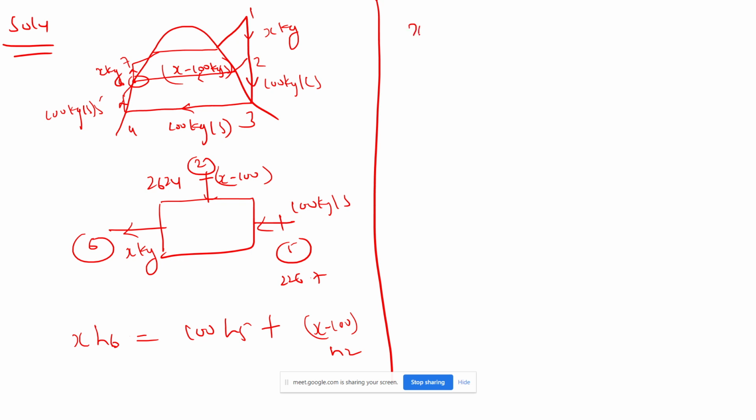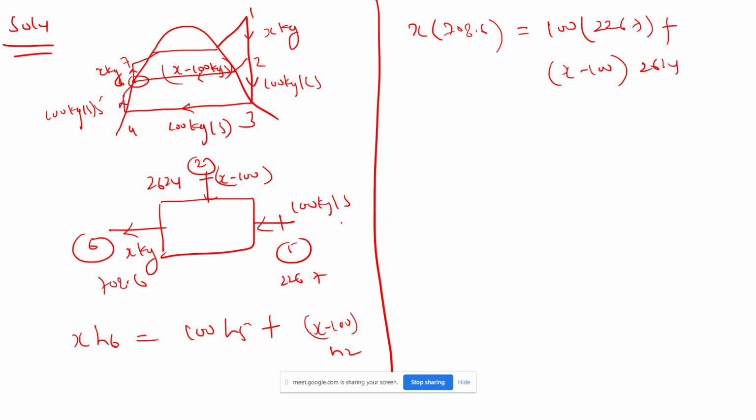So x we don't know. What is the value of enthalpy at point 6? 708.6. So 708.6 is equal to 100 into h5. What is h5? 226.7, plus (x minus 100) into h2, which is 2624.